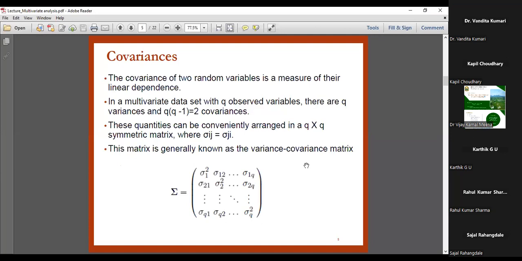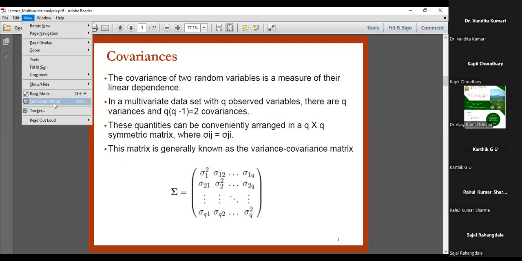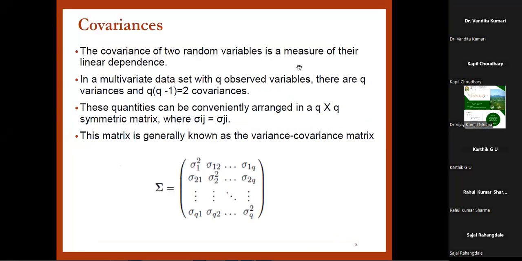Okay, so covariances. What do we know about covariance? Covariance is used to find out the relationship between two random variables. It tells about the linear dependence among two random variables.